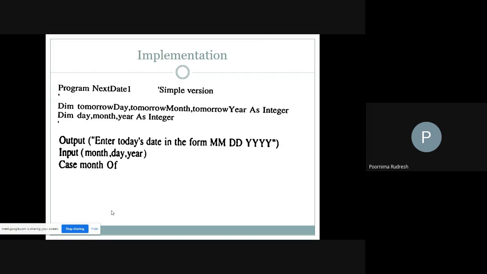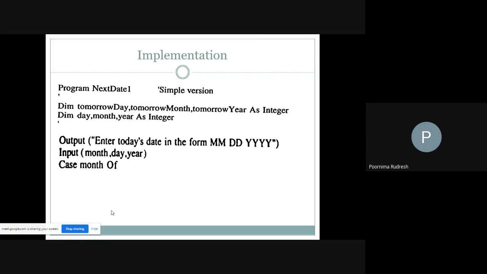So here it is, we are considering a simple version of the next date problem. Here we are declaring different variables: tomorrow day, tomorrow month, tomorrow year, because if we are at June 30th and one day is incremented, then the month is also incremented by 1. That's why we consider tomorrow month.